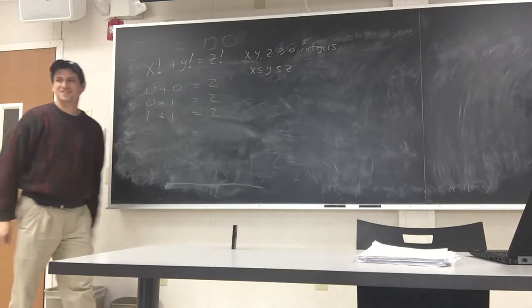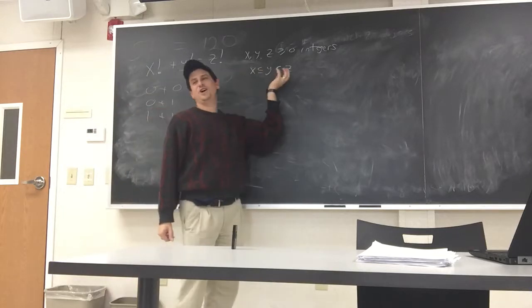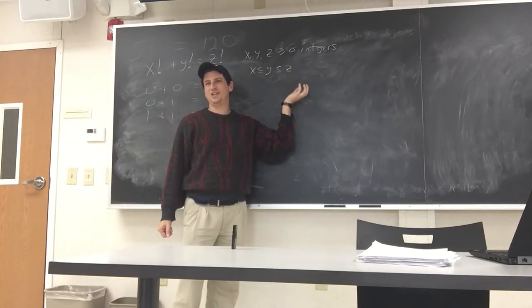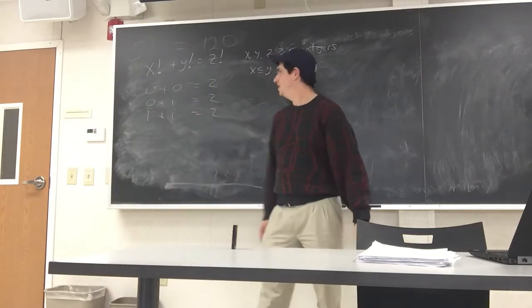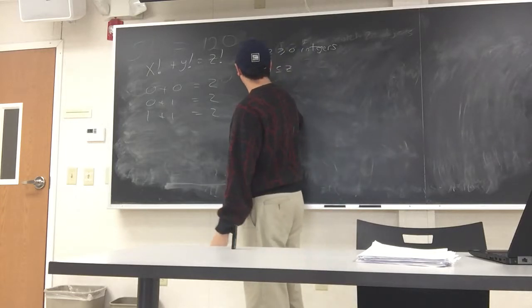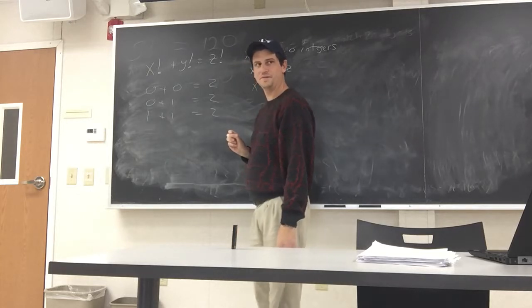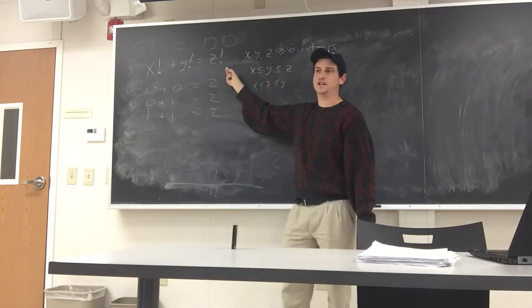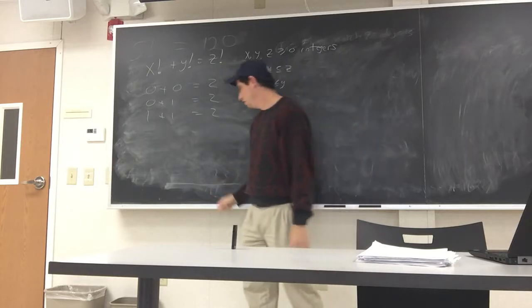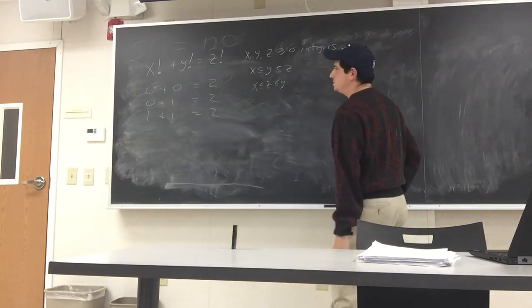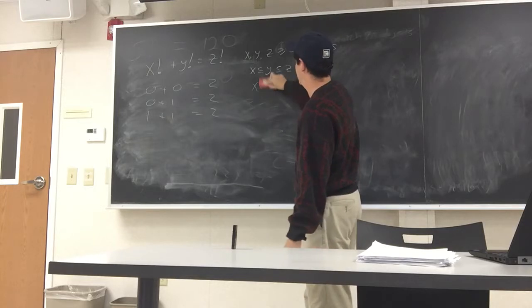Right. So without loss of generality, I might as well assume x is less than or equal to y less than or equal to z. If you wanted to, could you have x less than or equal to z less than or equal to y? Not with the letters written like this. So we know z has to be greater than or equal to y, and z greater than or equal to x.